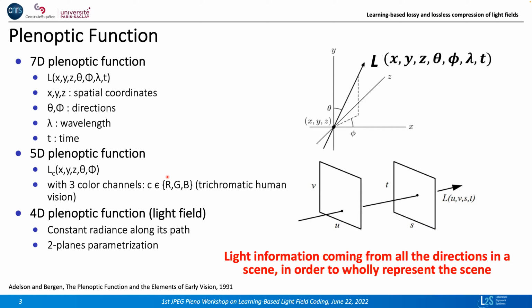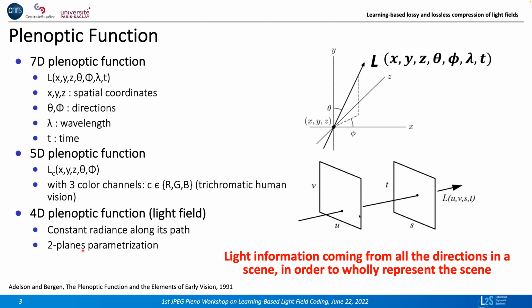So what people have done is to consider some approximation, a simplified version of this plenoptic function. In particular, you can drop the time dimension and consider static light fields. You can consider only the wavelengths that are important for the human visual system.